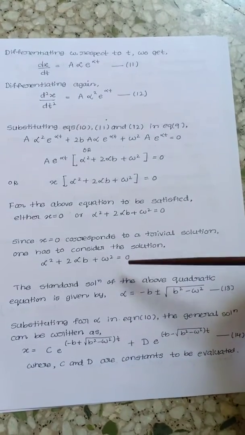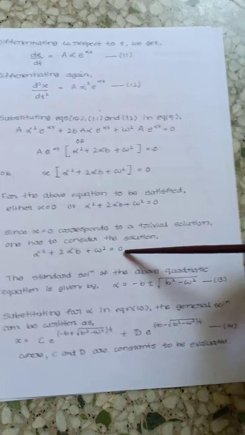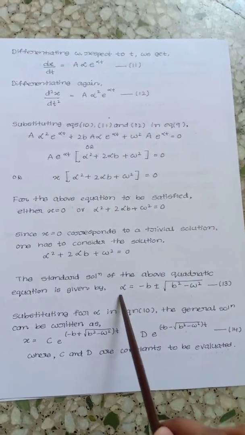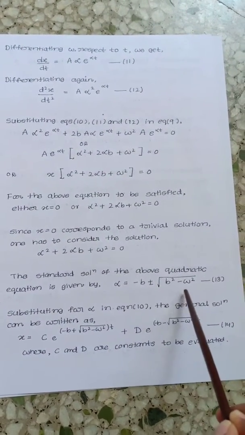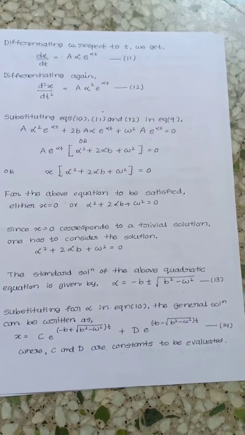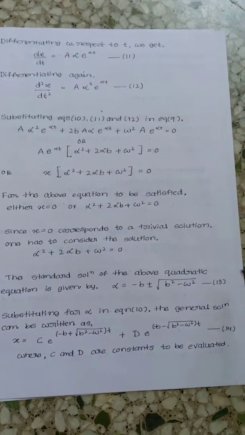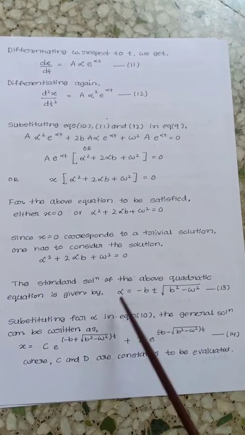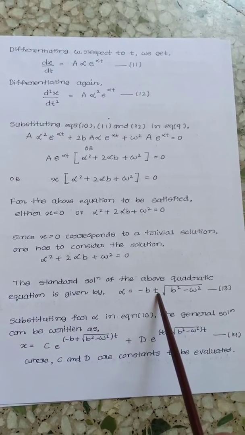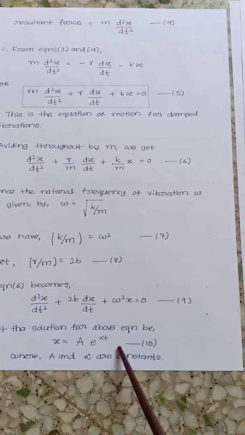Now the standard solution for this equation is given by alpha is equal to minus b plus or minus root of b square minus omega square. Now substitute this alpha in equation number 10.